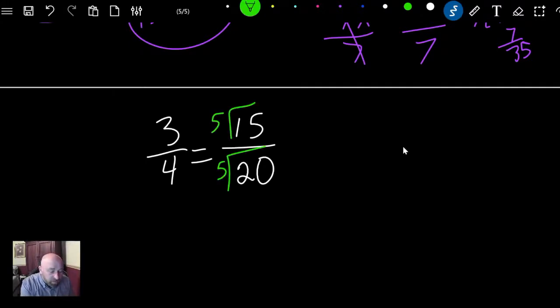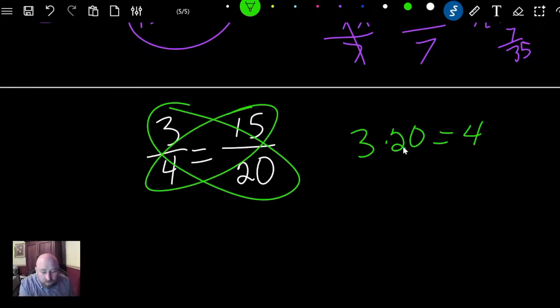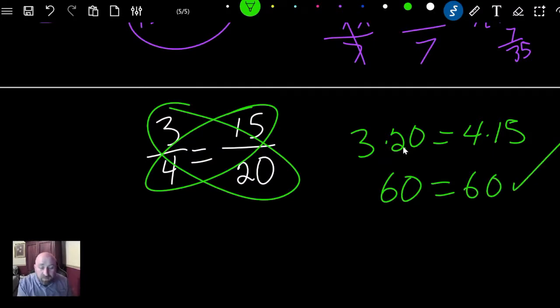Reduce each by 5, and 5 goes into 15 3 times, 5 goes into 20 4 times. Yes, that does work. The other way that you could do that is just solve it as a proportion again, right? So 3 times 20 equals 4 times 15. Does that work? Well, 3 times 20 gives me 60. 4 times 15 also gives me 60. So that does work both ways there.